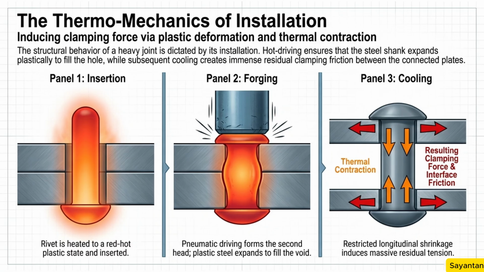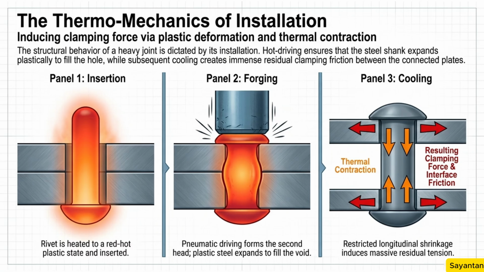The mechanical behavior of a riveted joint relies heavily on its installation process, which combines plastic deformation and thermal contraction mechanics. In panel 1, the rivet is heated into a red-hot plastic state before insertion into the clearance hole.